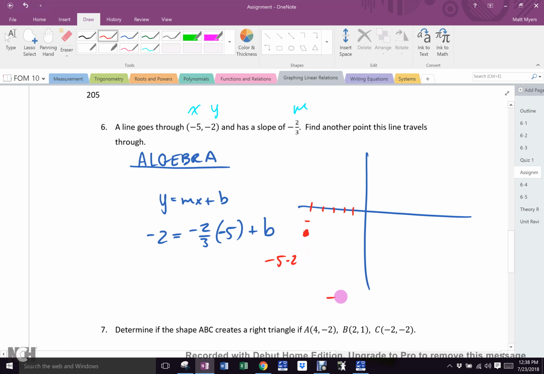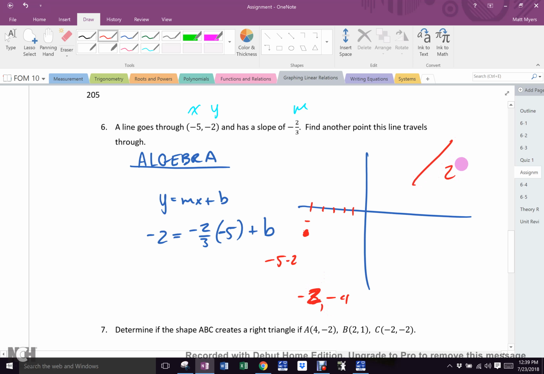Negative 4 and negative 5. Which direction? Right 2 to negative 3. And that would work. Oh, it's right 3, negative 2. Right? Either one would work, and you're going to get 2 marks for figuring it out.